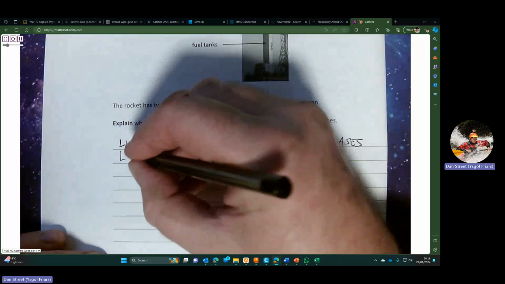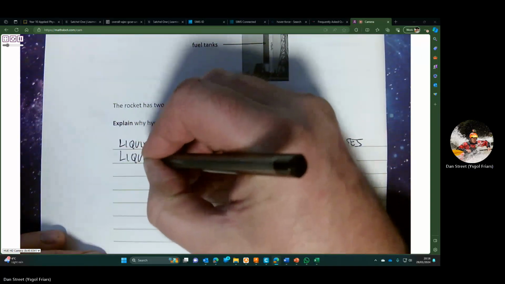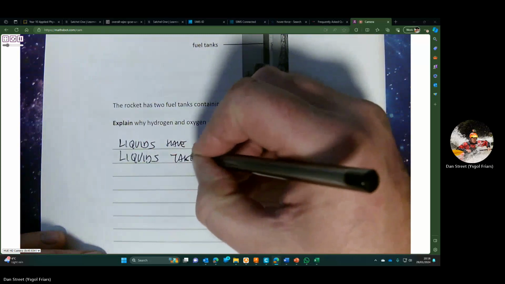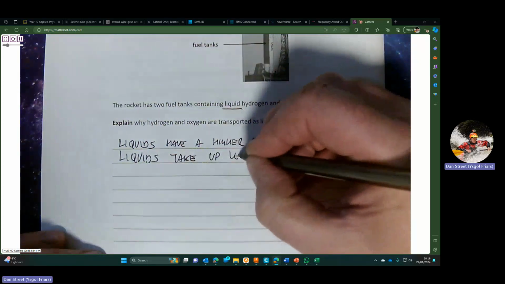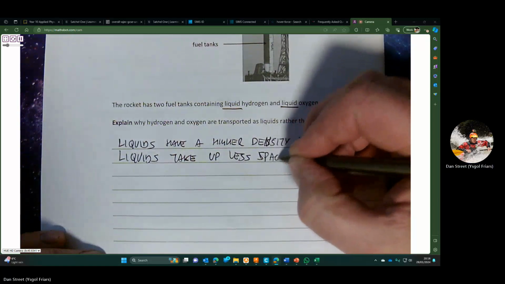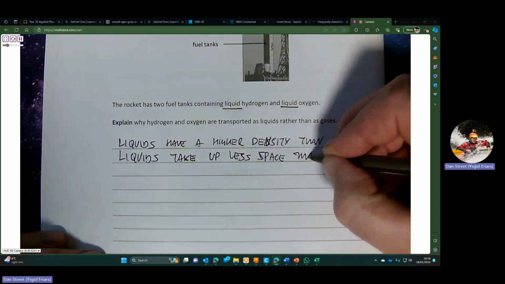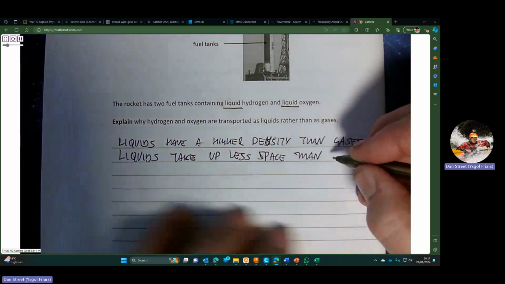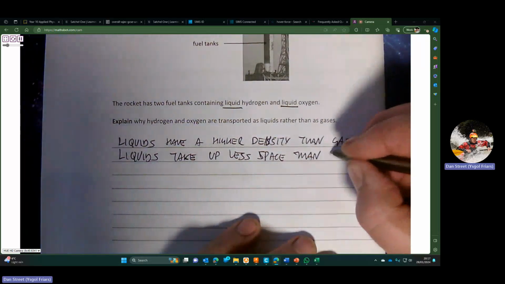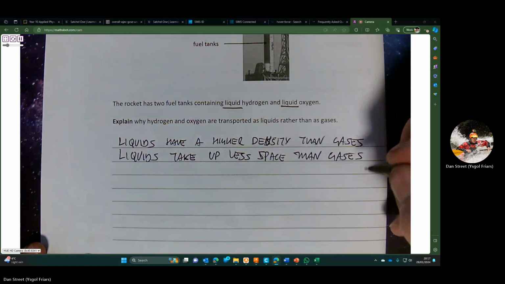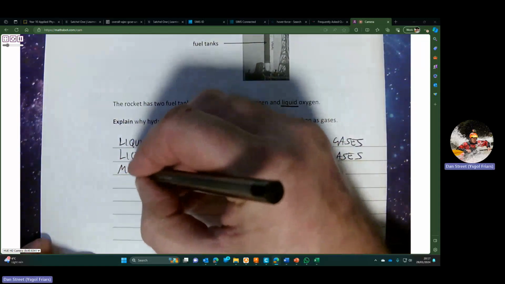We can say that liquids take up less space or have a lower volume. So for the same mass of hydrogen, it takes up less space as a liquid than it does as a gas, and therefore more fuel can be carried.